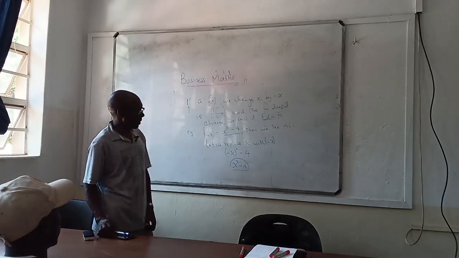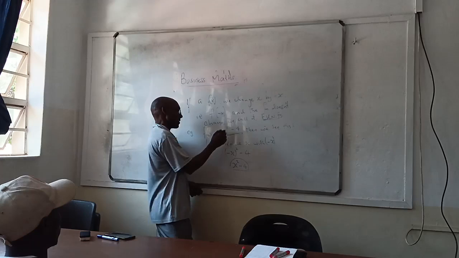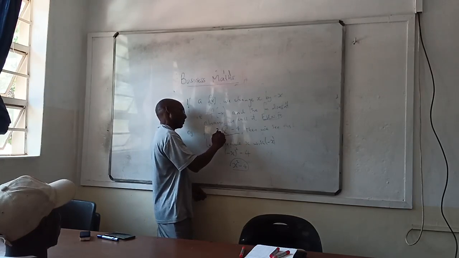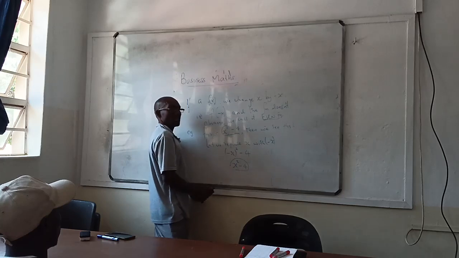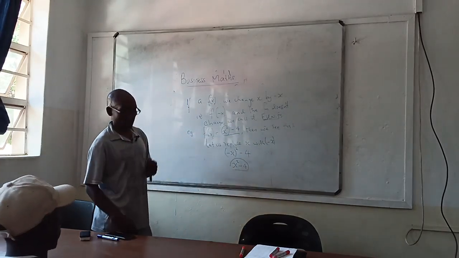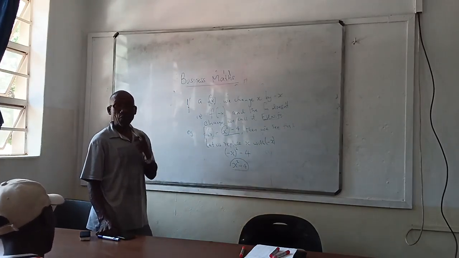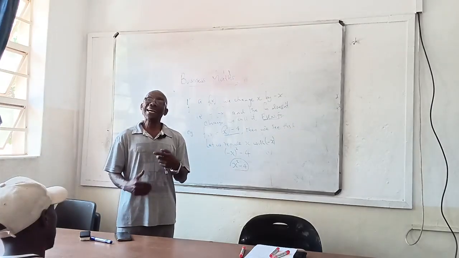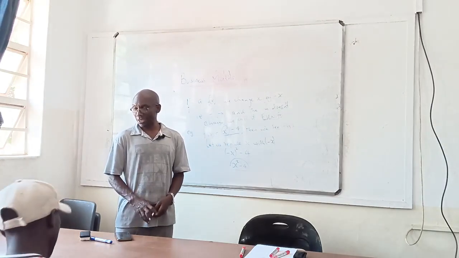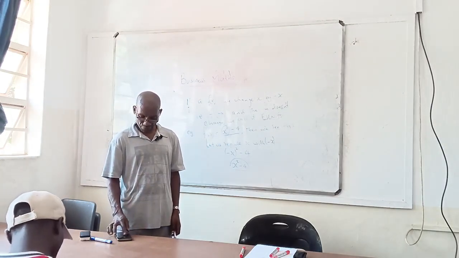If you replace this with a negative x, negative squared is positive x squared, we are coming to this. That is what is called an even function. So an even function is a function where, when you play around substituting, you go back to the original.